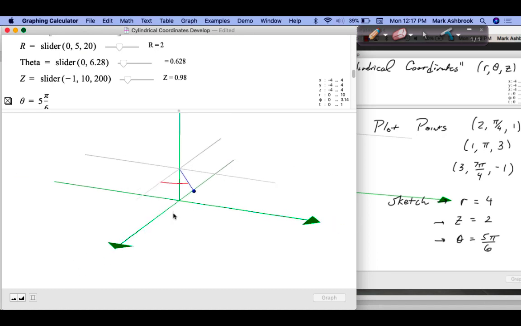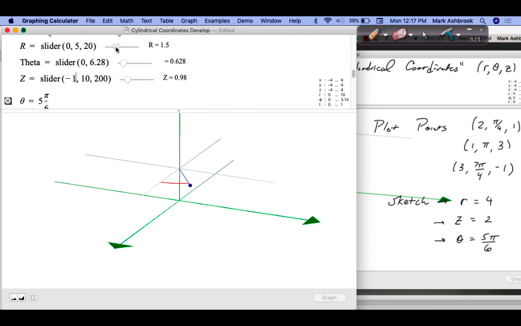There we go. That's something like (2, pi over 4, 1). Agree? Sense? So we're 2 away from the z-axis, pi over 4 angle from the positive x-axis, and then 1 up.